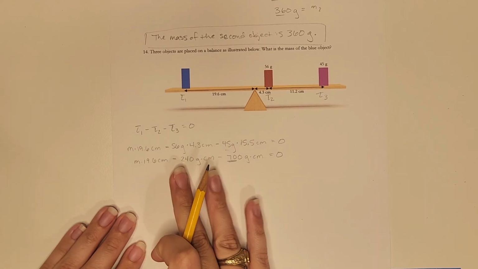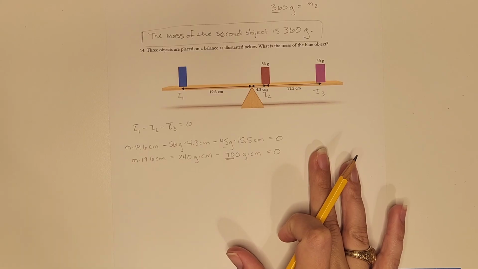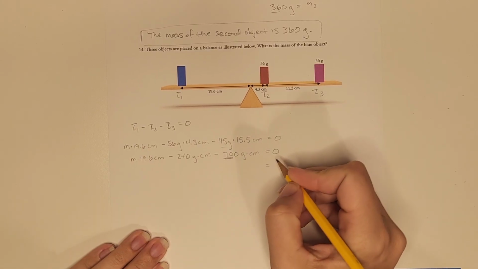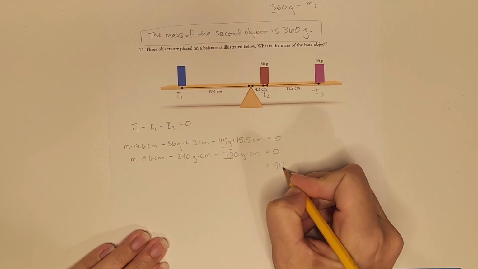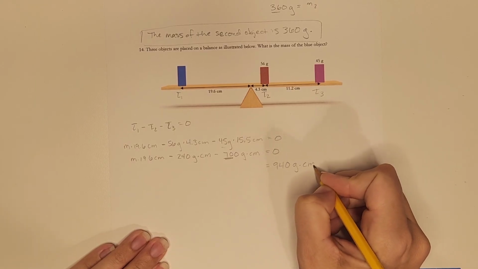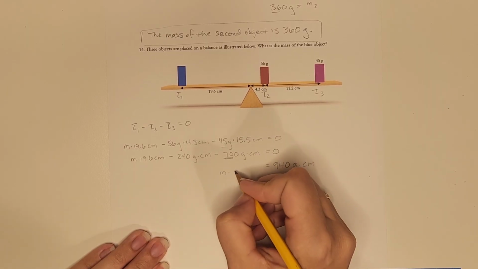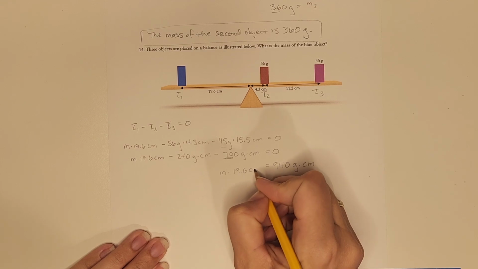So now I can add these together and move them over to the other side. And so I'm going to get a positive 940 grams times centimeters on this side, and still have the mass times 19.6 centimeters.